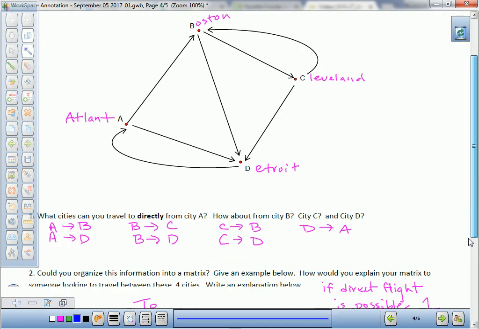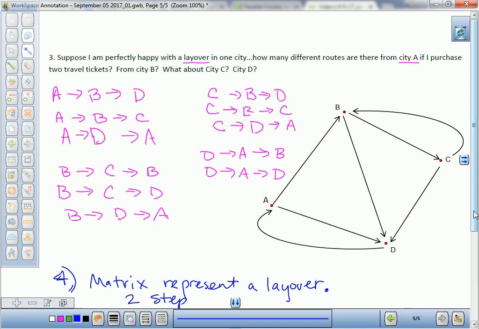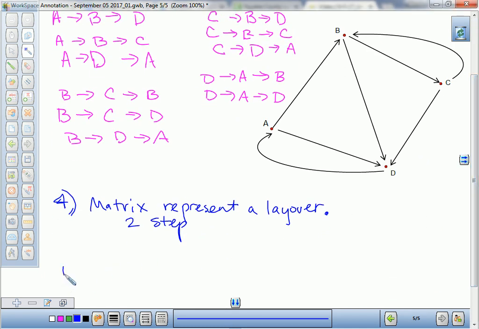Whereas this one was a 1-step path. This is a 2-step path. Once again, we'll have our rows be our departing city, where we're starting from, and then our columns represent the ending, where we land: departure and arrival, final arrival.